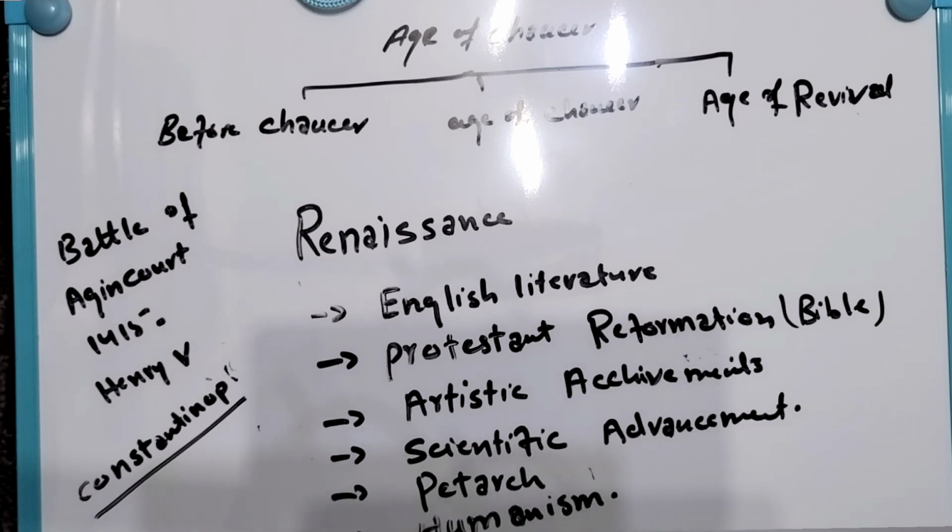Galileo was the scientist who said something about the solar system: that the sun is in the middle and is the biggest star, and all the planets are moving around the sun. Before this, it was believed that the sun moved around the earth, and that the earth was stationary, standing in its own position.